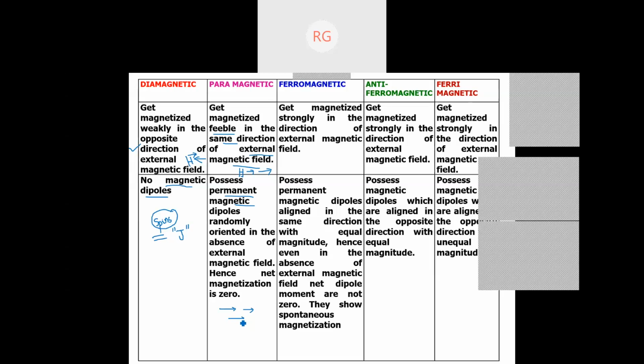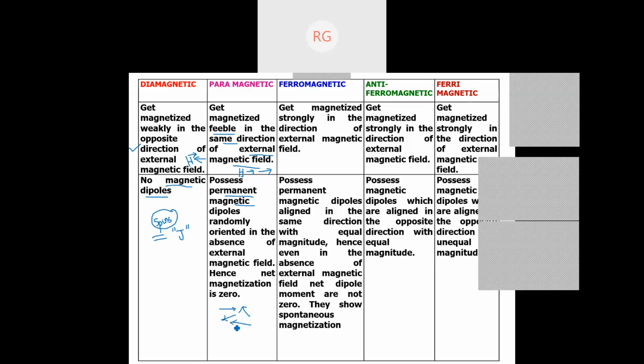But in paramagnetic materials, the spins, or magnetic dipoles, are randomly oriented. If one dipole is in a parallel direction, something like this, the next atom will show a magnetic dipole moment maybe in this direction, and another in this direction.